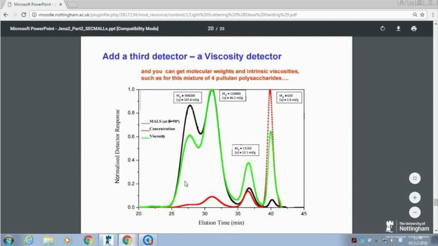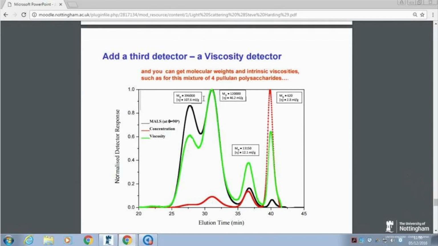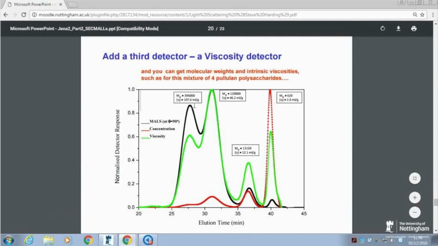And the column has separated the components out. 1, 2, 3, 4. And the light scattering has measured their molecular weights. 1, 2, 3, 4. Look, very small molecular weight here. And the viscosity detector has measured the intrinsic viscosities. 1, 2, 3, 4.